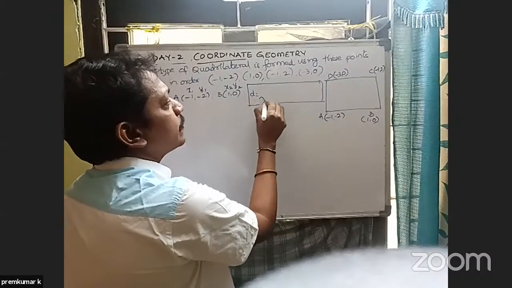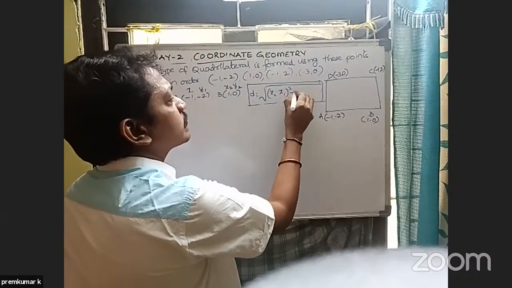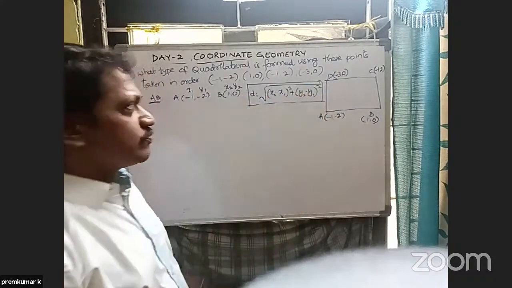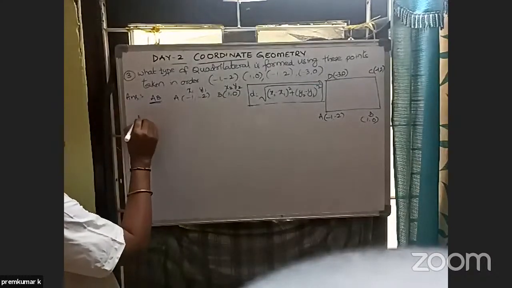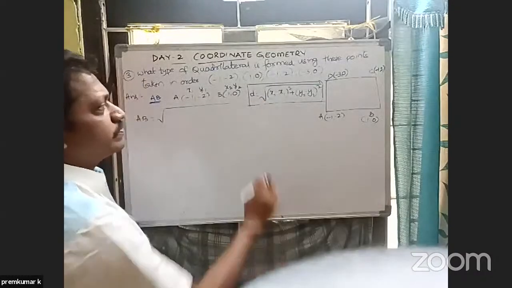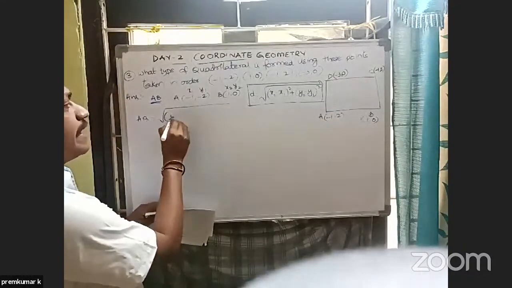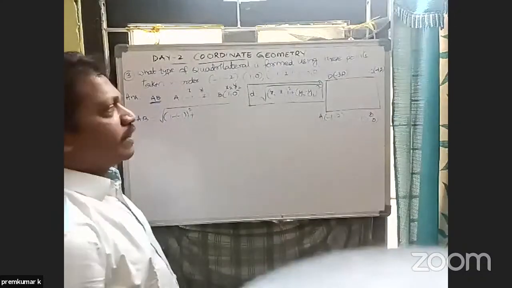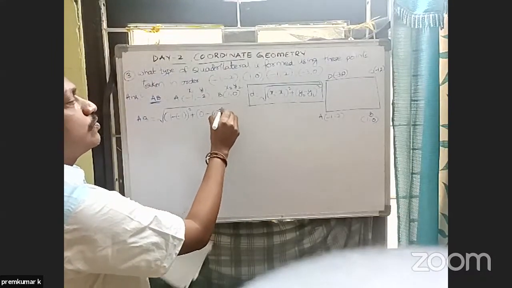The distance is equal to root of (x2 minus x1) whole square plus (y2 minus y1) whole square. I have written this formula one time. Now AB distance is equal to, substitute these values in this formula. What is x2 here? X2 is 1 minus of -1 whole square, y2 0 minus of -2 whole square.